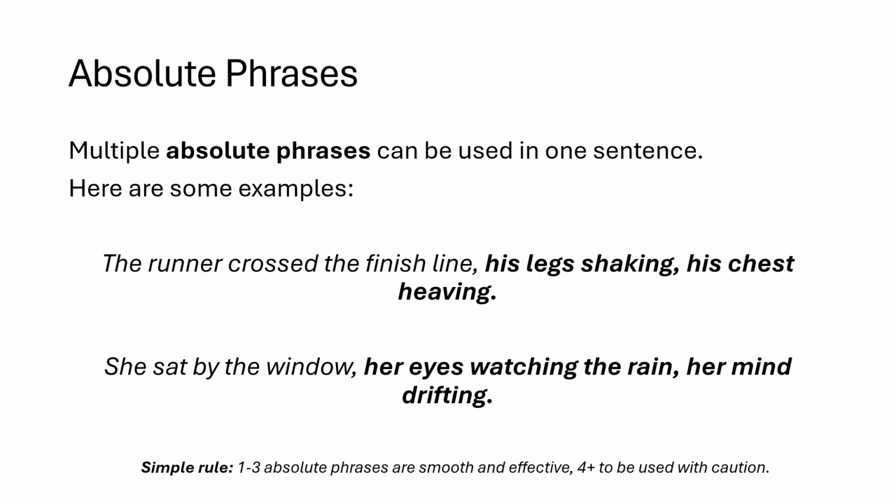Stacking only becomes a problem when the phrases get too long or complex. There are too many to track and they interrupt the main idea. So a simple rule: 1 to 3 absolute phrases are smooth and effective. 4 or more are to be used with caution.